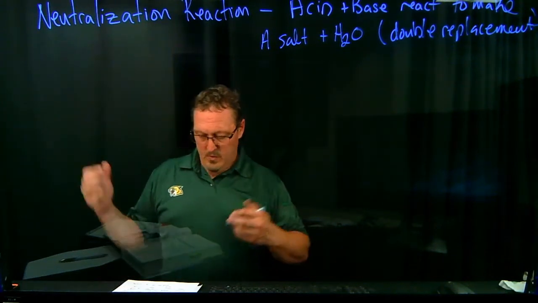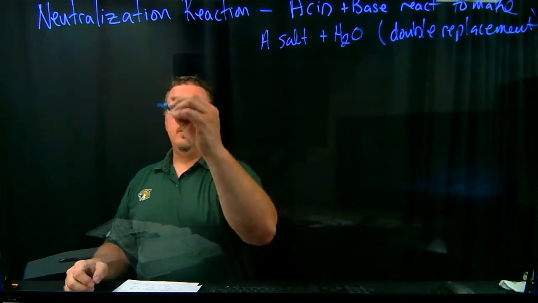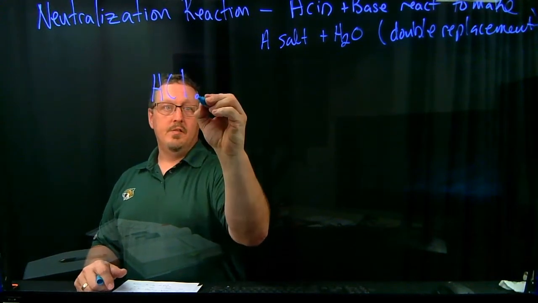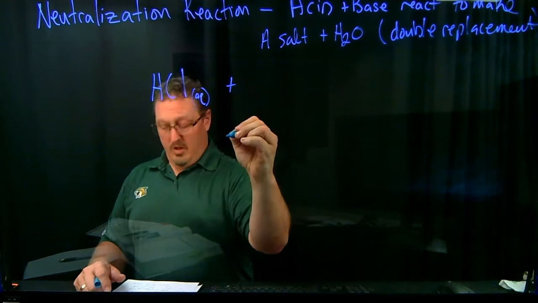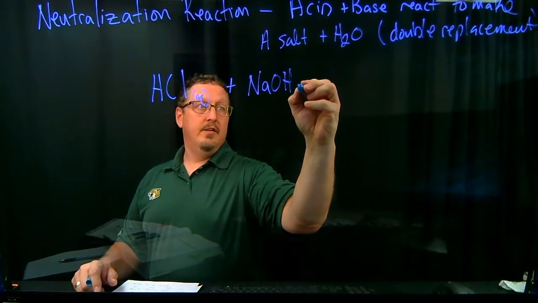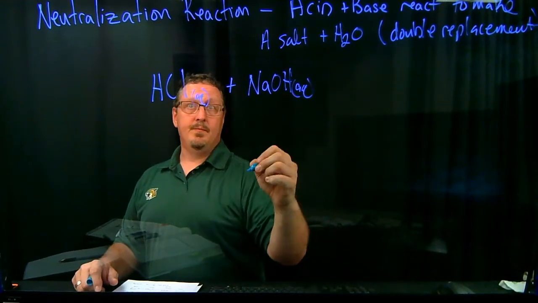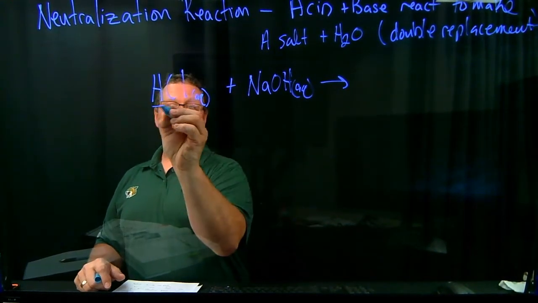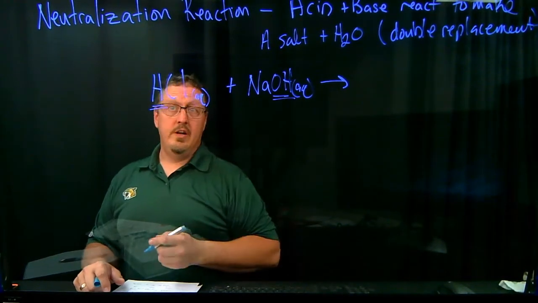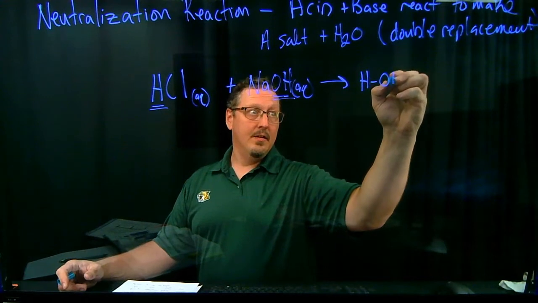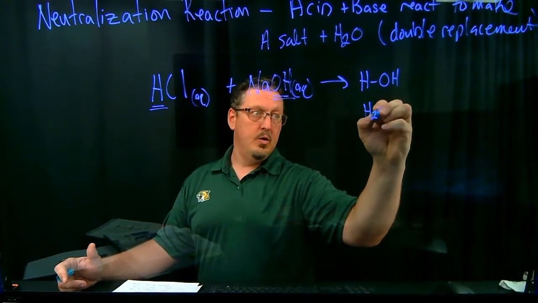And so here we go. If we have hydrochloric acid, so HCl, and this is going to be aqueous, plus sodium hydroxide, and that is also going to be aqueous. So we have those two pieces. H and OH are going to combine to form water. I'm going to write it like this, which is the same thing as H2O.